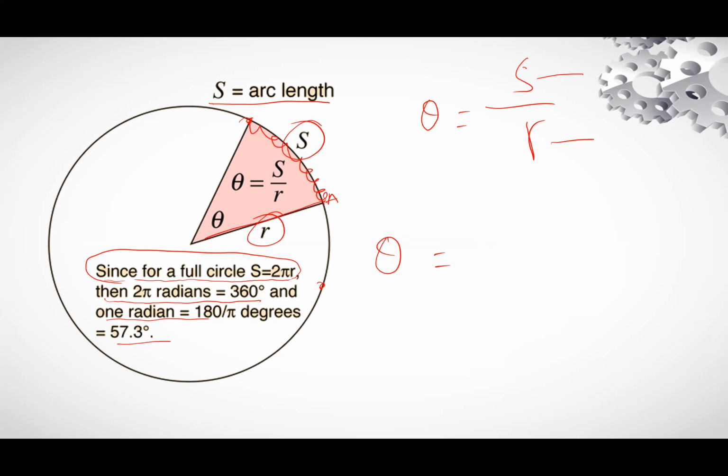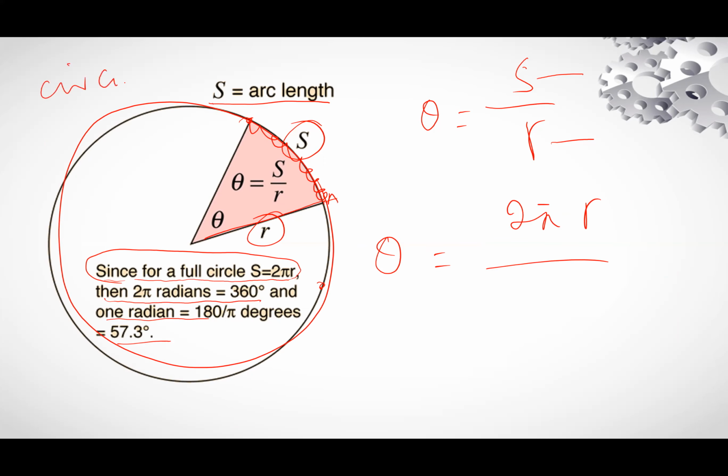So if the body covers one complete rotation, it covers a linear distance equal to the circumference, 2 pi r.